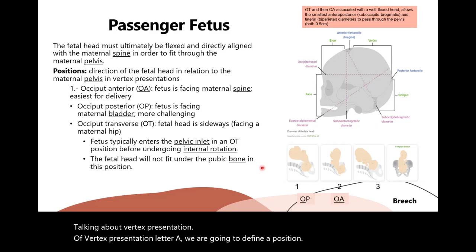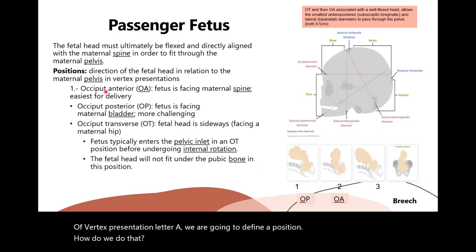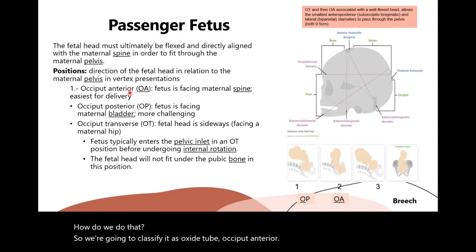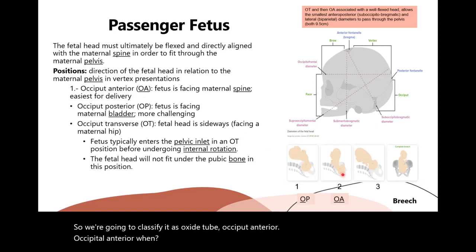How do we do that? We're going to classify it as occiput anterior, when the fetus is facing the maternal spine. And this is the easiest delivery.